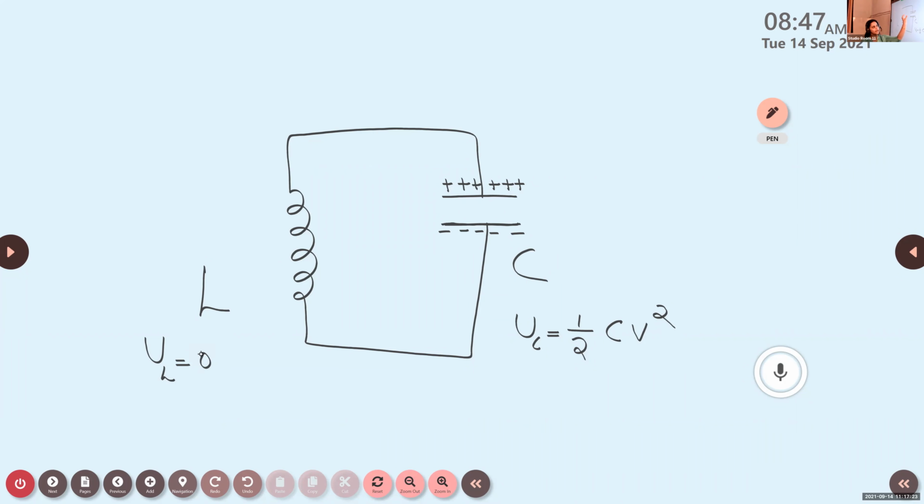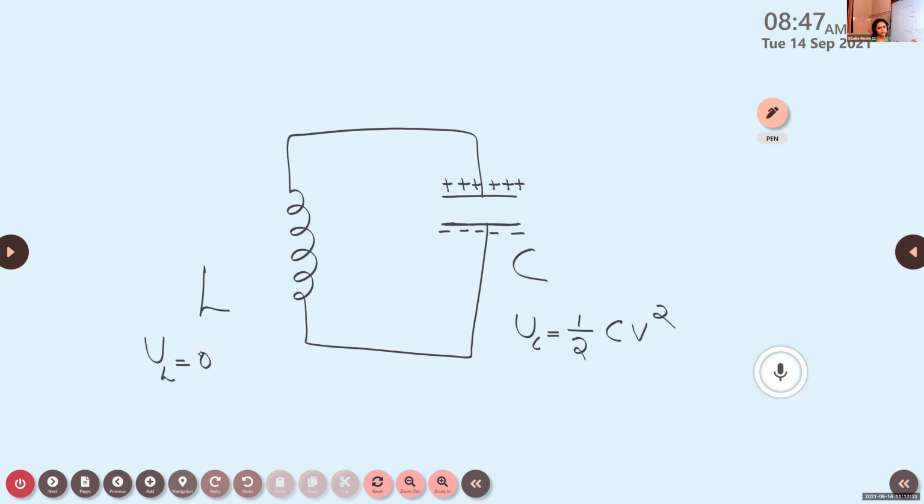As a result, one plate becomes positively charged and the other plate negatively charged, and it attains a maximum charge, given by UC is equal to half CV square. But at the same time, the inductor doesn't contain any charge, so the energy of the inductor is taken as UL is equal to 0.